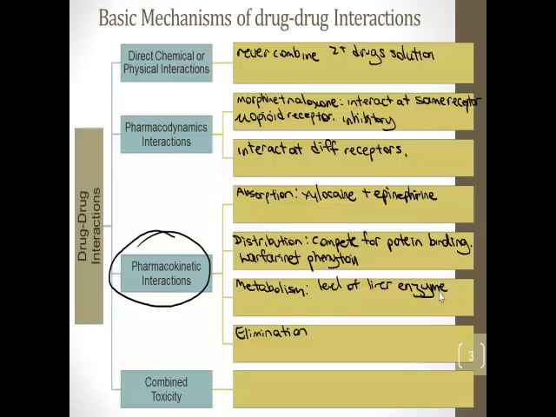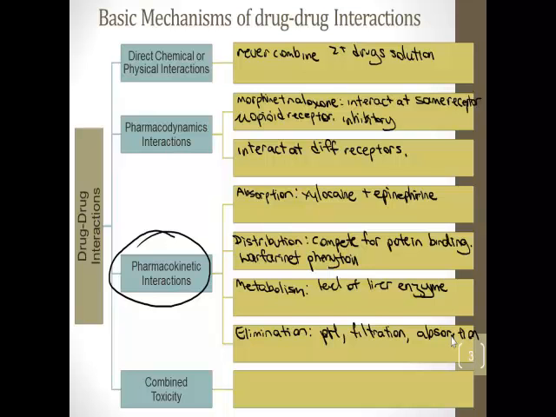And then the last one, altered elimination. Some drugs can change the level of pH, or change the level of filtration, reabsorption, or excretion, and therefore change how much drug is being eliminated.